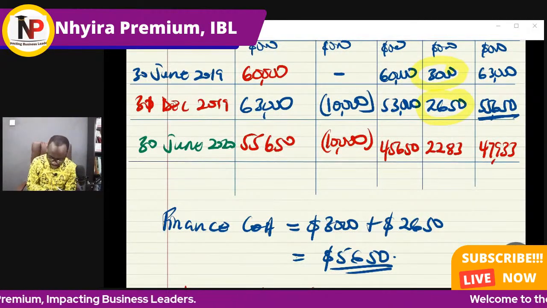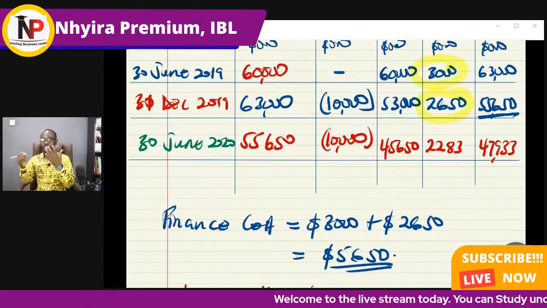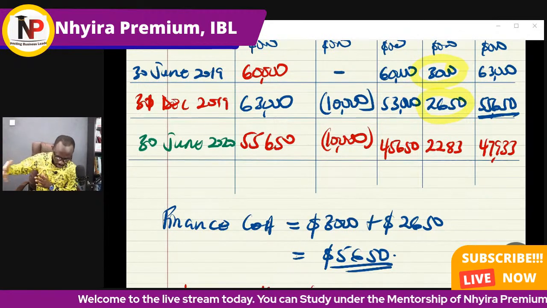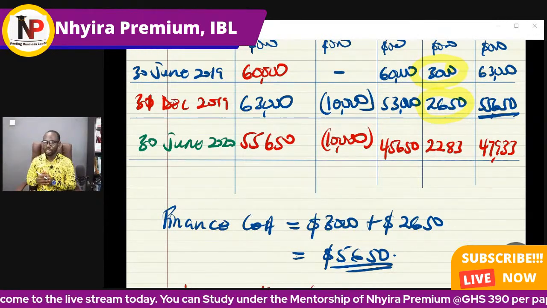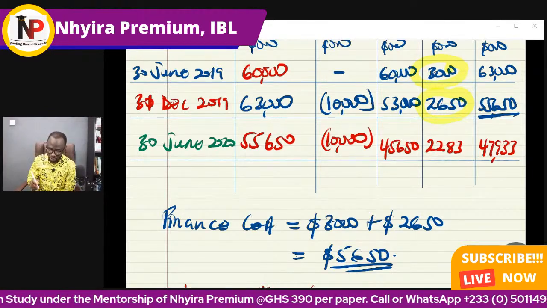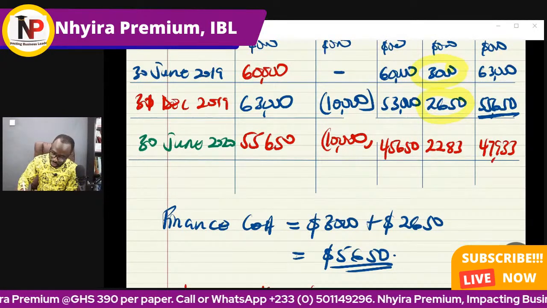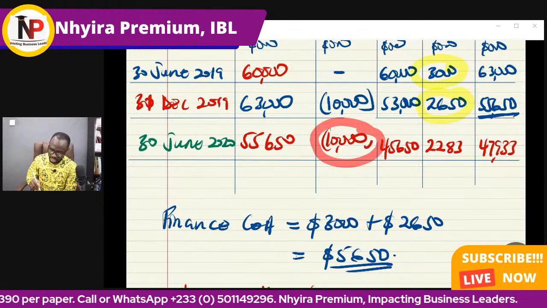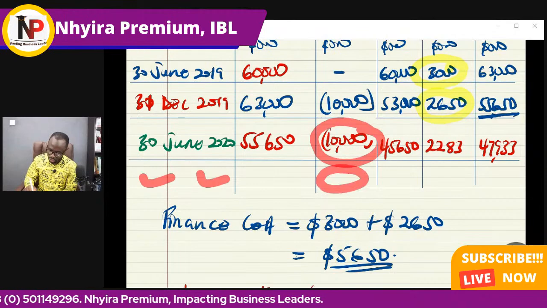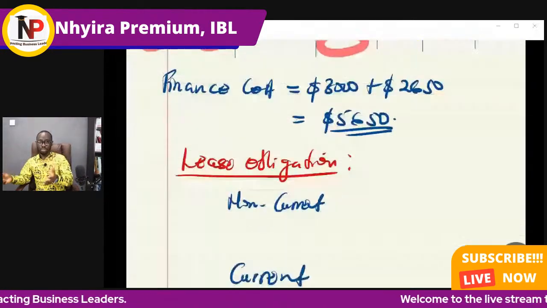So the way we get a current component is to simply ask ourselves this. Now, if you look at it, for the next period under consideration, that is in the year 2020, we're going to be making payments as of June 2020, and then as of 31st December, I didn't do that because we don't really need that, also 2020. So we're going to be paying 20,000 on that.